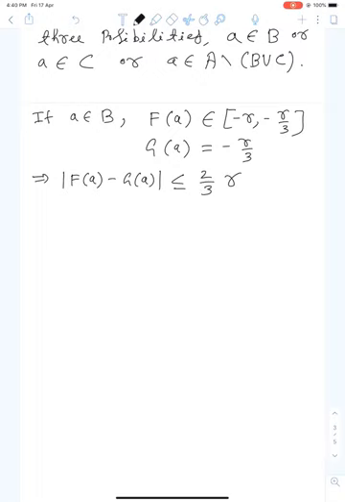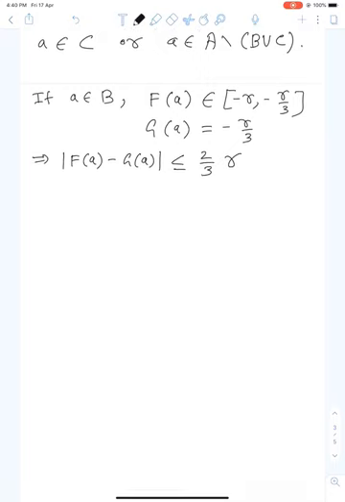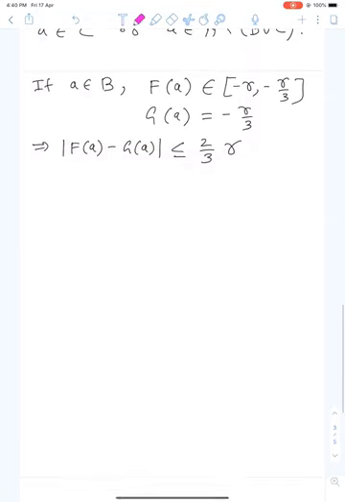Clear? If not, then we can do this precisely. So it is here minus r less than f of a less than or equal to minus r by 3, right?